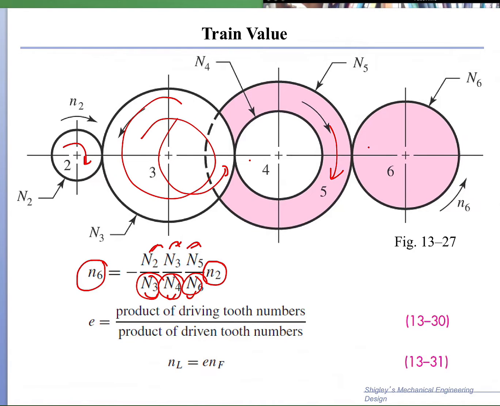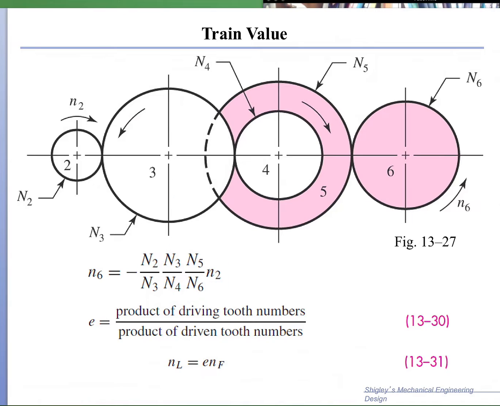So the rule that we have here is that the output, the last RPM, n last, is equal to the train value e, which is determined by your design, times the first RPM, n first.